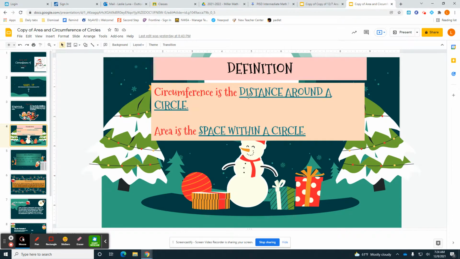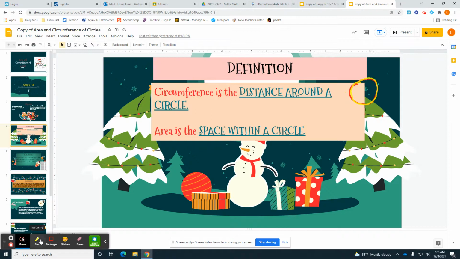So circumference is the distance around a circle. So remember, for circumference, you have a circle and the distance around the circle is what is circumference. So just as a reminder, you can draw a circle and with the highlighter, highlight the edge.